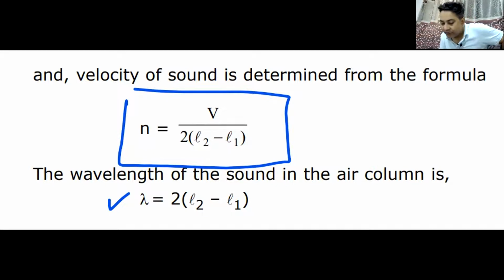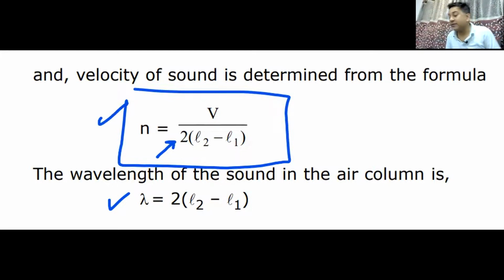That's it: V equals 2 times the frequency times (L2 minus L1). Why has 2 come? Because between two resonances, you will get the first and third harmonic, or third and fifth, or fifth and seventh, or seventh and ninth, and ninth and 11th, and 11th and 13th. The difference between these two resonances in terms of wavelength would be lambda by 2, and therefore you have this formula.